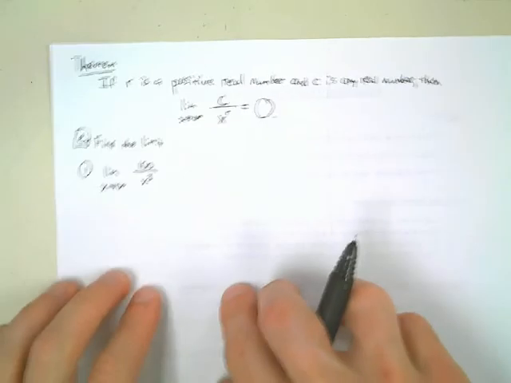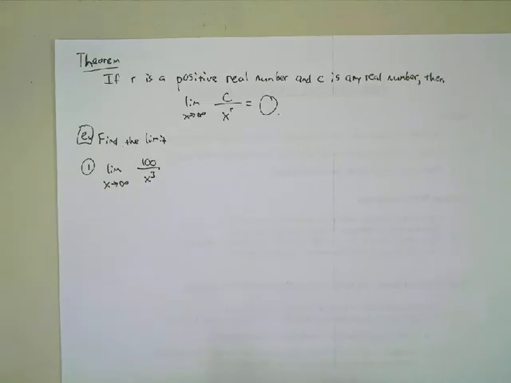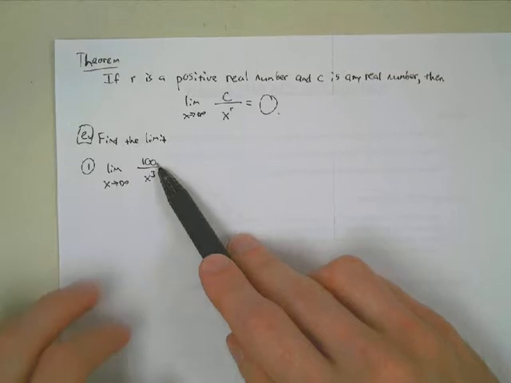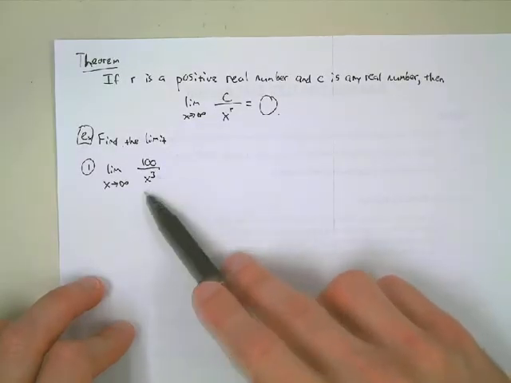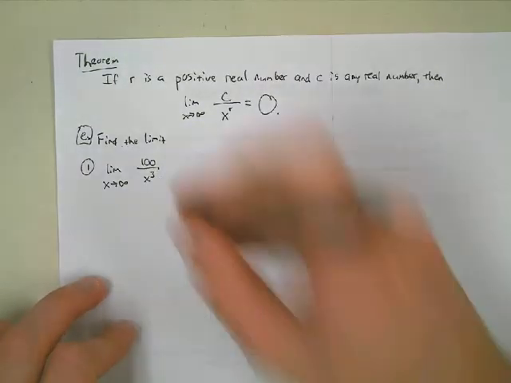In this case, the c that we're talking about here is 100, and x cubed, so the r is 3. But what does that have to be? 0. And it kind of makes sense, right?